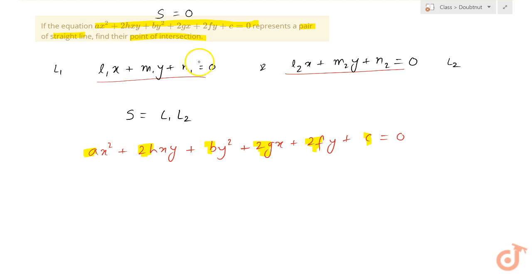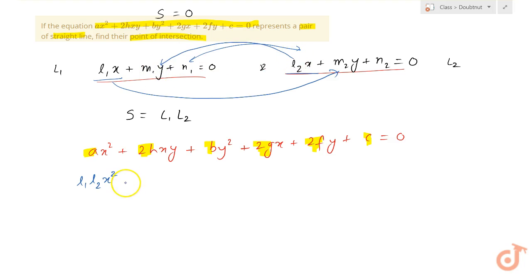Now when I multiply L1 with L2, what would be the coefficient of x square? The coefficient of x square will be equal to L1 L2. How about xy? For xy, you multiply this x with this y and this x with this y. So the coefficient of xy will be L1 M2 plus L2 M1.